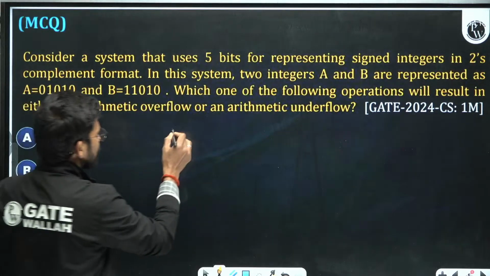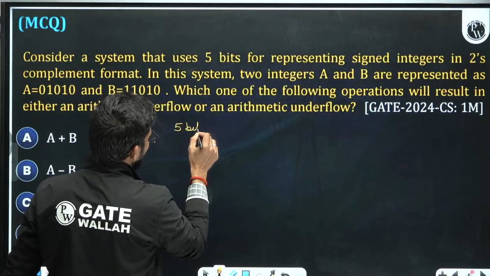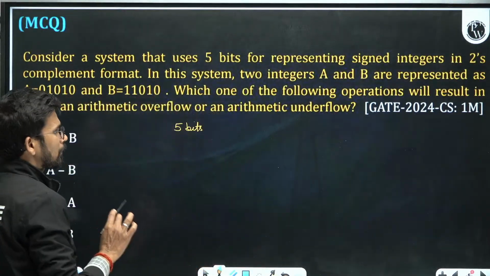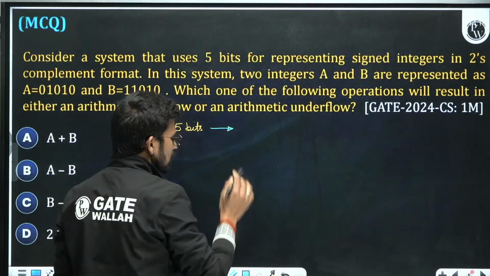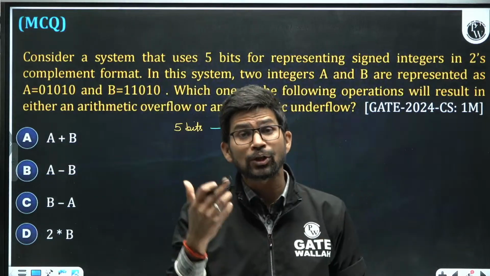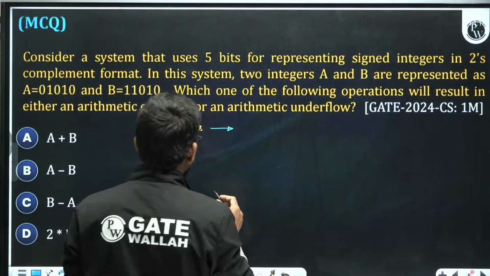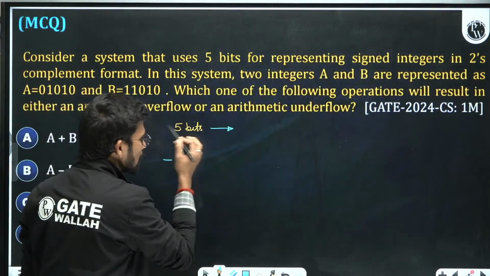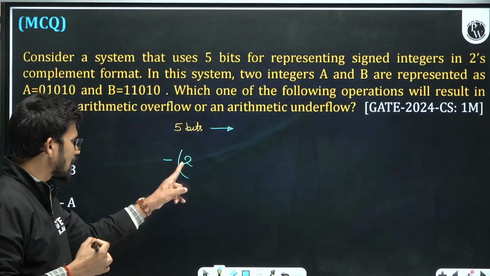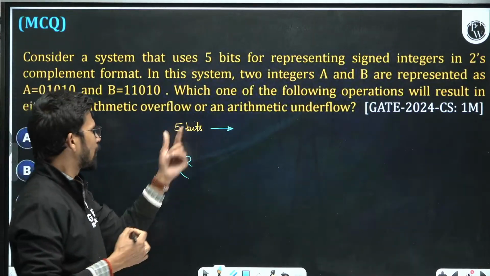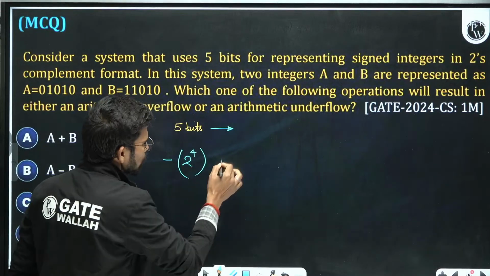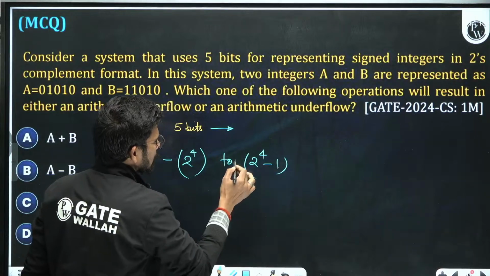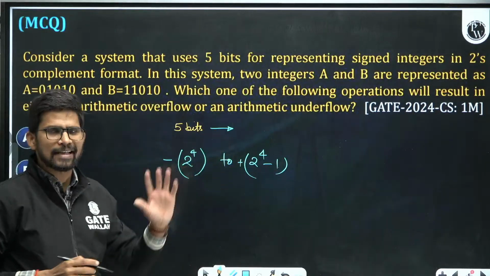So if you have 5 bits, how to solve these kinds of questions, overflow or underflow? If you have 5 bits, the range of the integers that you can represent in 2's complement representation is minus 2 to the power n minus 1 to plus 2 to the power n minus 1 minus 1. So for 5 bits, this is 2 to the power 4.